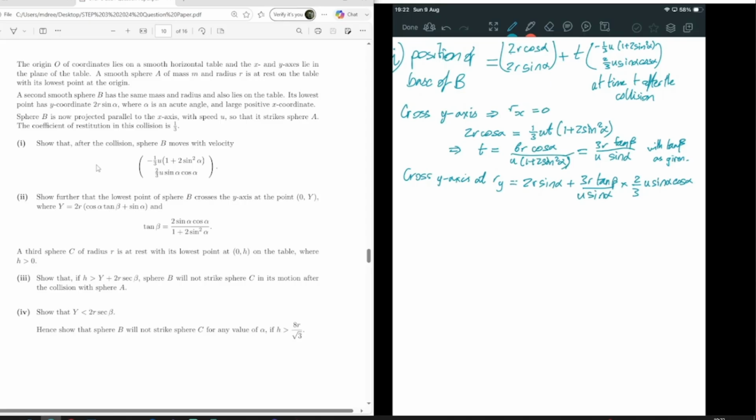That's absolute chaos. But let's see what happens. The u's cancel, the 3's cancel, the sines cancel, and I'm going to be left with 2r. That term leaves me with a sine alpha. The 2 and the r on the other one can come out, leaving behind a tan beta and a cos alpha.